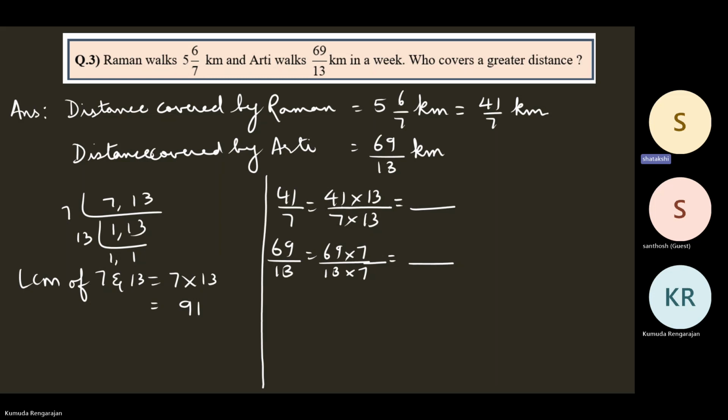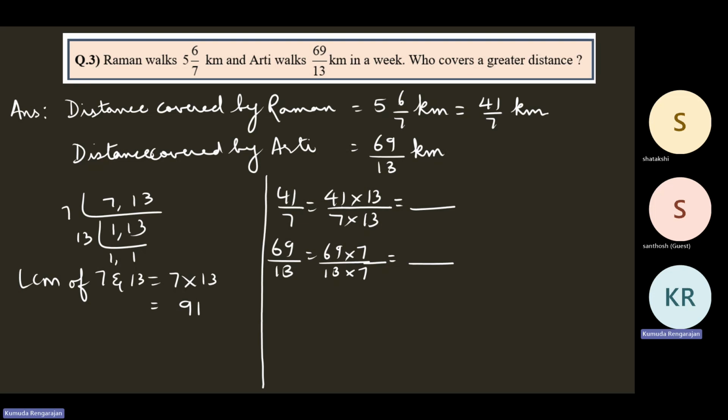Yes, ma'am. For me, 492 by 91. 492 by 91, ma'am. For the second one, is it? 69 into 7 cannot end with 2 because 7 nines are 63. It cannot end with 2. So you're wrong.